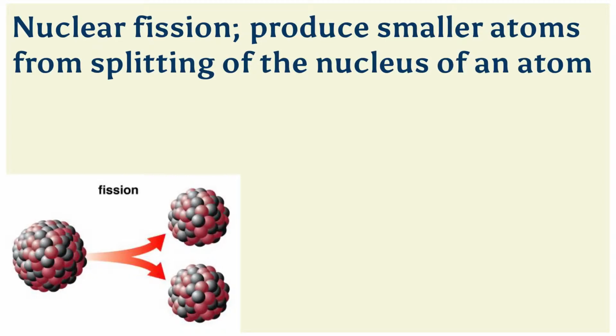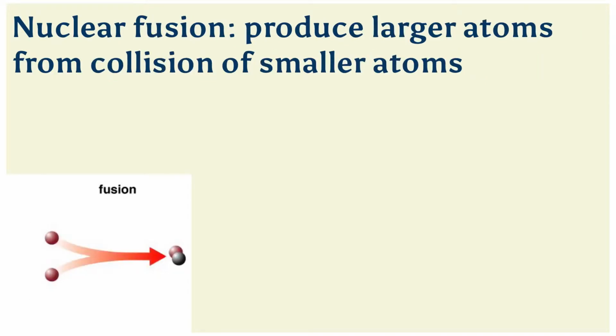So nuclear fission is going to produce smaller atoms and other materials or particles from splitting the nucleus of an atom. Nuclear fusion, on the other hand, is going to produce larger atoms from collision of smaller atoms or smaller atomic particles.